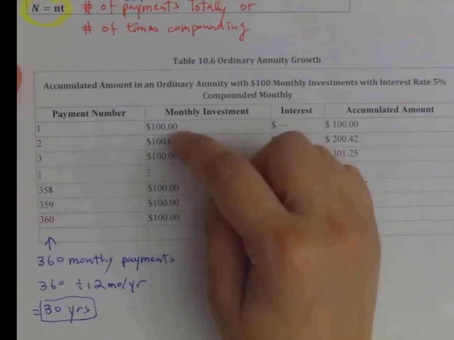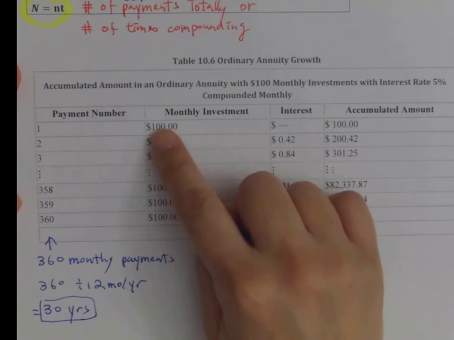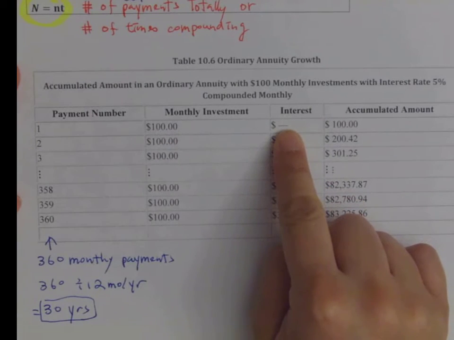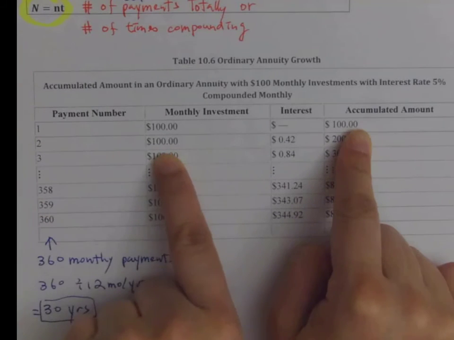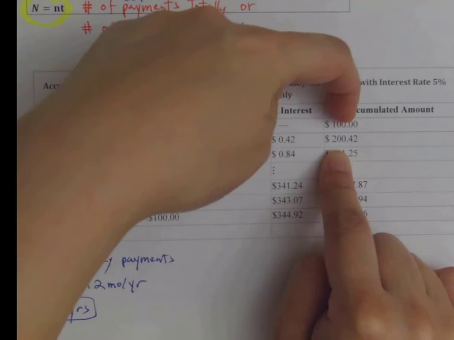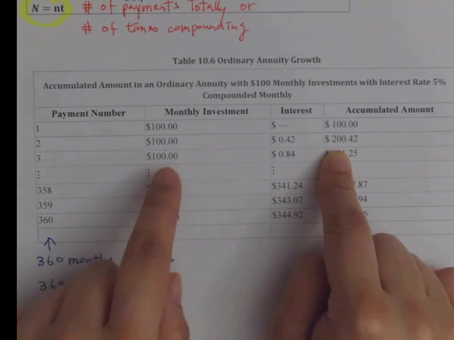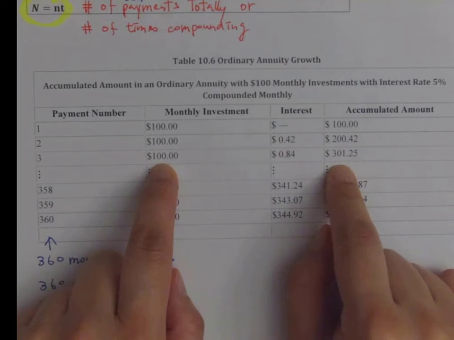Alright, so as you can see, each month you put in $100, right? For the first month, you don't make any interest, right? So your account balance would be $100. And then the next month you put in another $100, so your account should have $200, right? But you make a little bit of interest out of the first $100 you put in, and then you put in another 100. So if you don't have any interest, that would be 300, right?